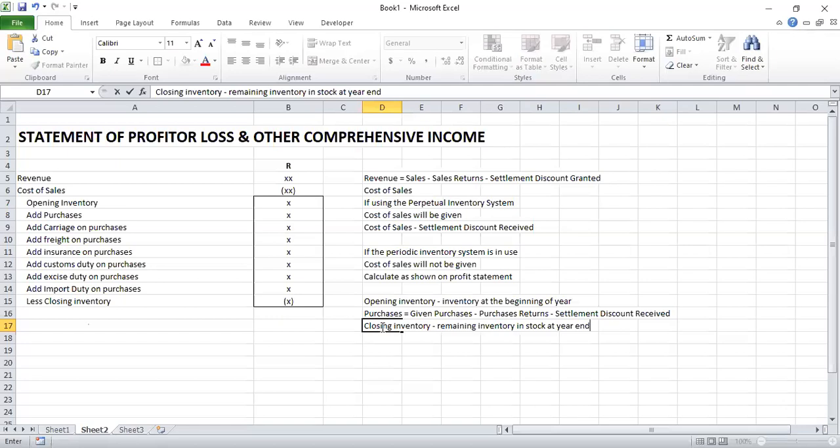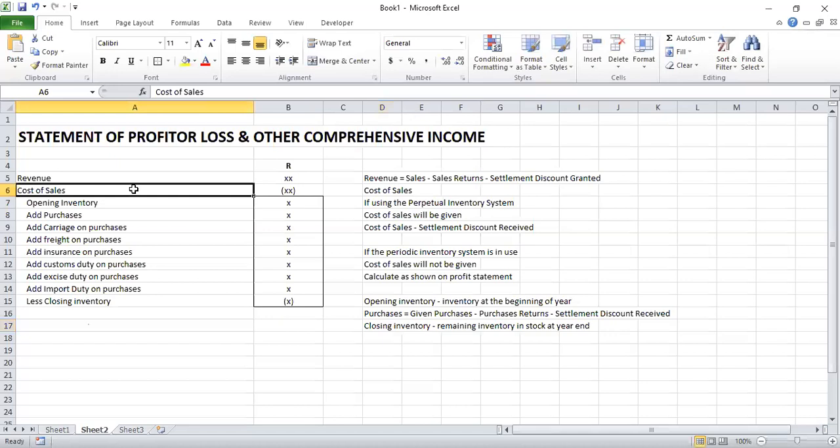Right, remember that here we're calculating the cost of sales. When we say cost of sales, we mean what was the cost that we incurred when we bought the goods that we are selling. So if we've got closing inventory, it has not yet been sold.